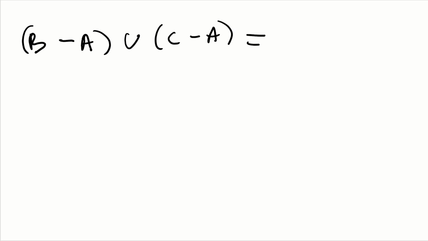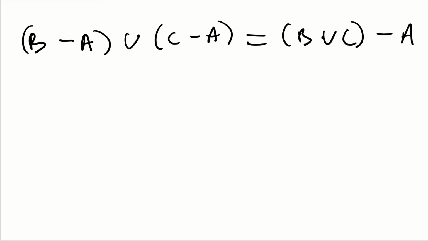In your homework, you are asked to show that (B minus A) union (C minus A) equals (B union C) minus A. I want to bring your attention here: make sure this is not the subtraction of numbers. This is totally different. That's not what we are asking you to do here.